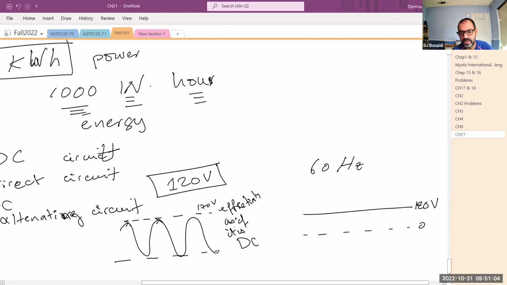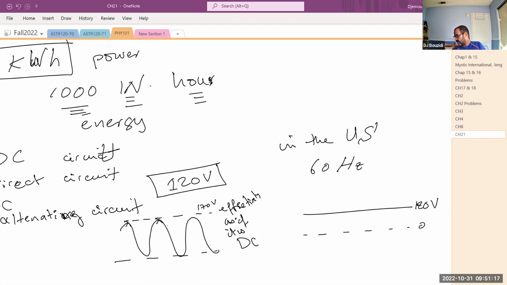That's the frequency of the current in the United States. The current goes up and down, up and down, 60 times per second, so the two terminals in the wire change back and forth 60 times per second.